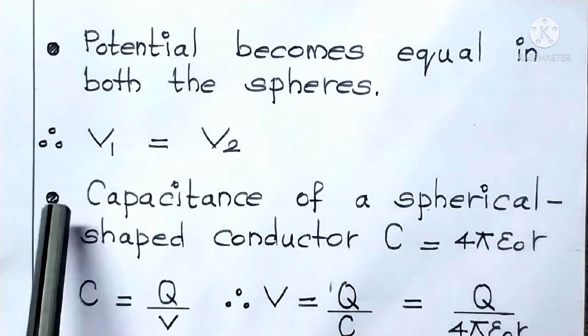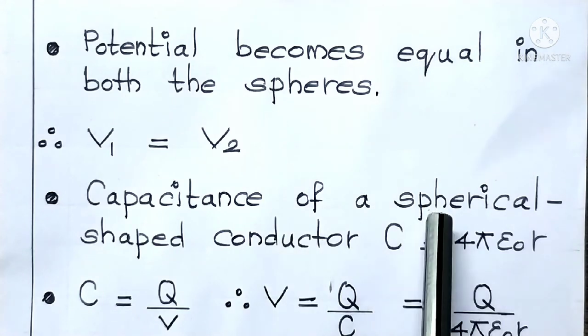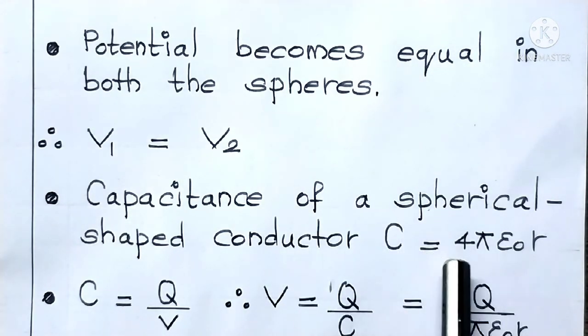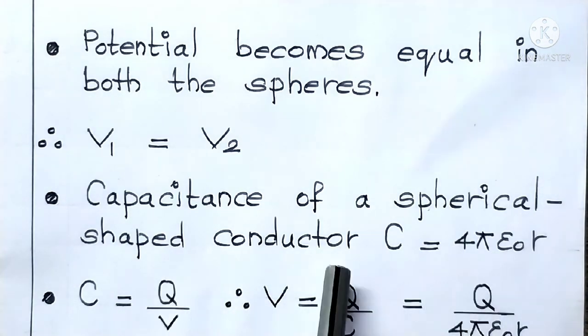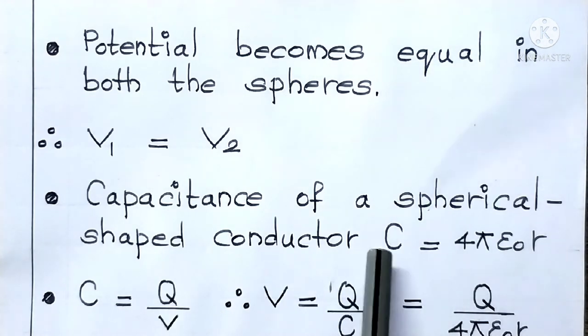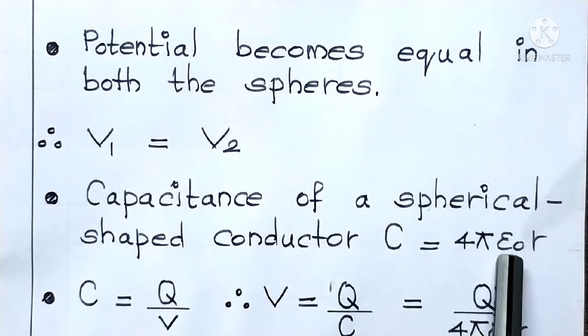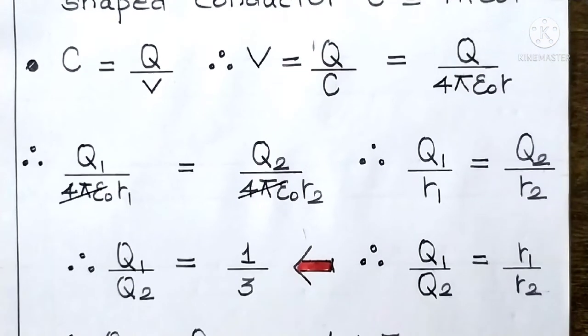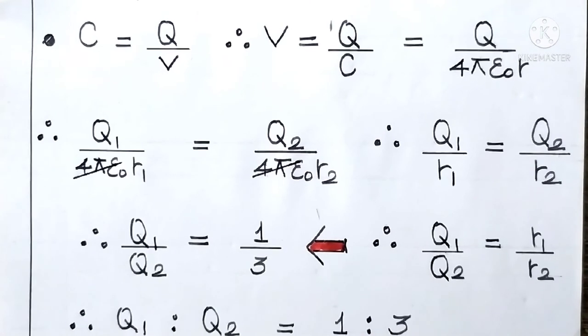In the next step, capacitance of a spherical shaped conductor, capital C, is equal to 4 pi epsilon naught R. For a spherical shaped conductor, the expression for capacitance will follow like this: C is equal to 4 pi epsilon naught R. In the next step, we have written the common expression for capacitance.